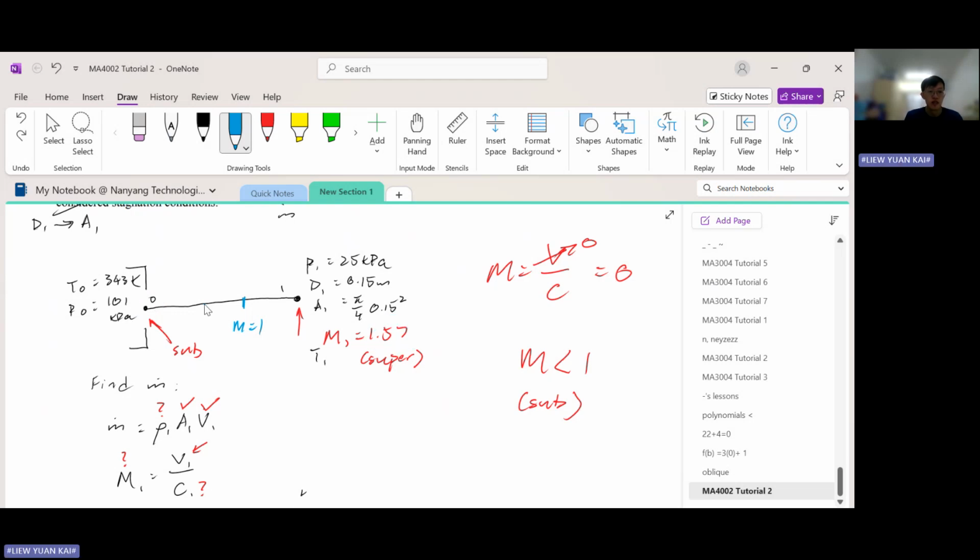So why is that important to know? Because in this region, when Mach number is less than 1, this is subsonic. And because the Mach number is increasing, this is an acceleration. So this is subsonic acceleration. What about this other side here? Here, Mach number is above 1. So this is supersonic.